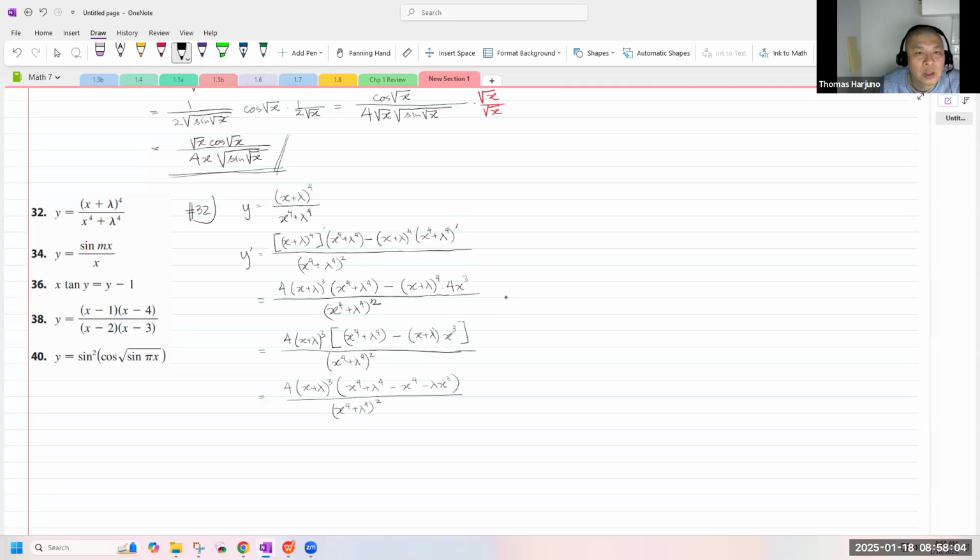Okay, x to the 4th cancels. And in this group here, the lambda is still a common factor, huh? So 4 lambda x plus lambda cubed. If I pull one of the lambda out, I have lambda cubed minus x cubed left inside, over (x to the 4th plus lambda to the 4th) squared. I think this is the simplest I can go.